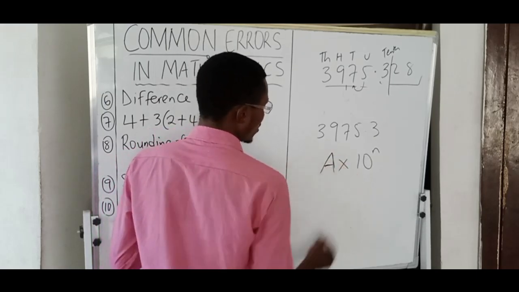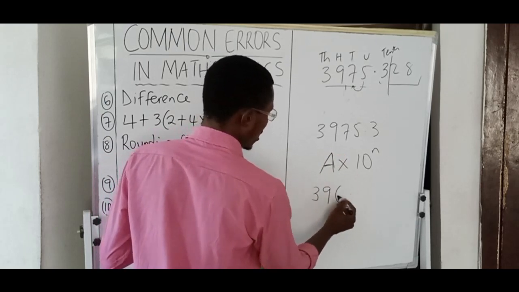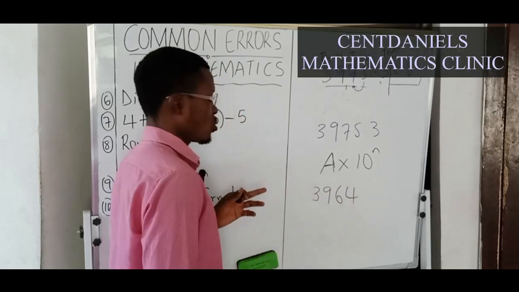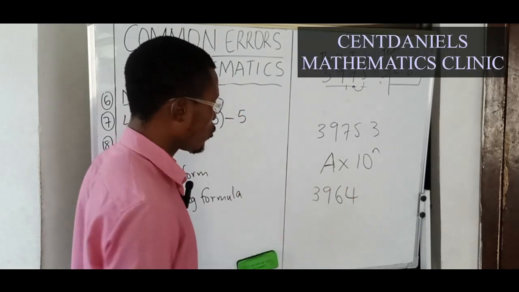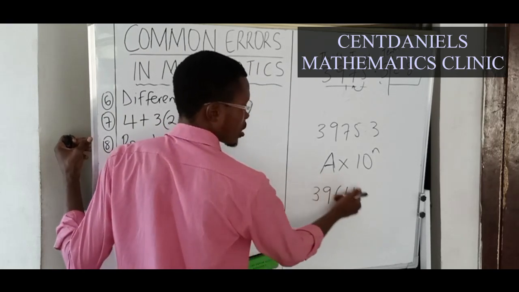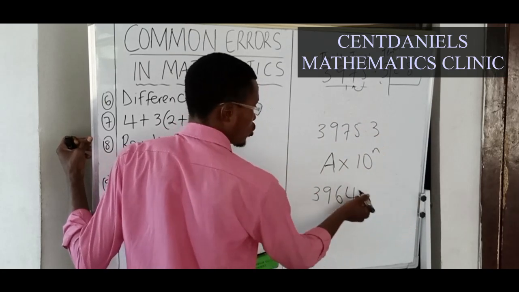Take for example, you're asked to express 3964 in standard form. To pick our A, it must be a number that is between 1 and 10. So this number is larger than 10, you have to be reducing.